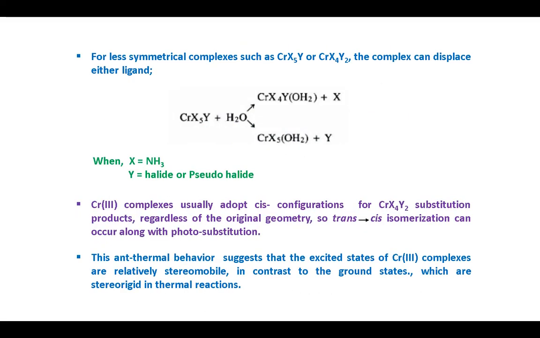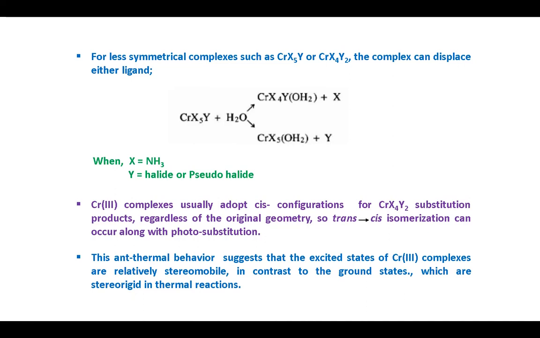For less symmetrical complexes, such as CrX5Y or CrX4Y2, the complex can displace either ligand, as shown in the reaction, where X is equal to NH3, and Y is equal to halide or pseudo-halide, but NH3 is preferentially released by a factor of 20 to 50 in relative quantum yields.